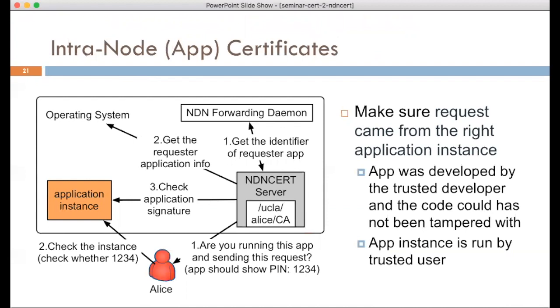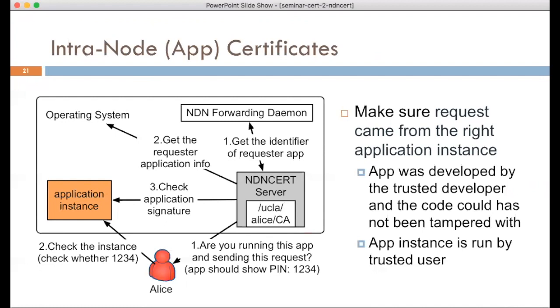So there are special considerations regarding intra-node app certificates. There is one more additional step that we're trying to accomplish with NDN Cert: not just validating the request and all those pin codes, but also validating that a request is coming from the legitimate application, like from the trusted developer, for example, and that the request is coming from the specific application instance that the user is actually controlling.